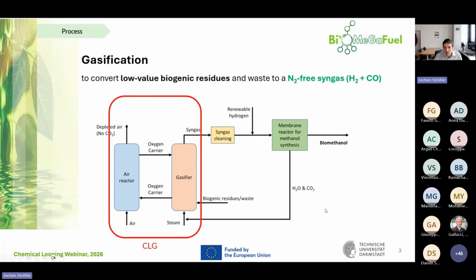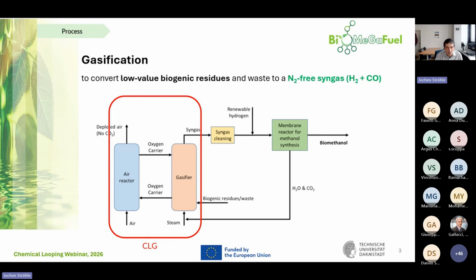This would decrease the efficiency, and the main, let's say, educts for the methanol synthesis are hydrogen and carbon monoxide. So any methane or other hydrocarbons cannot be converted in the system. This is important to know because I will come back to this issue later.